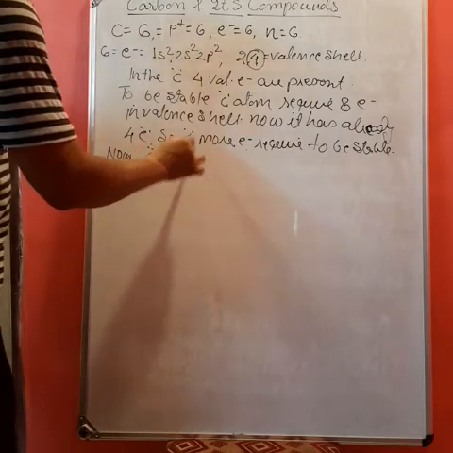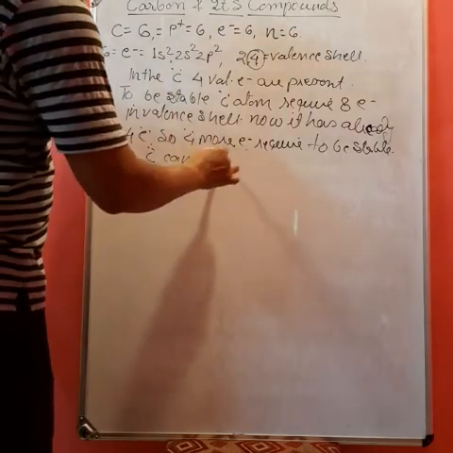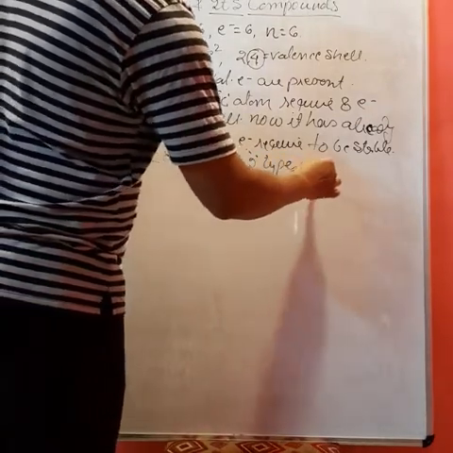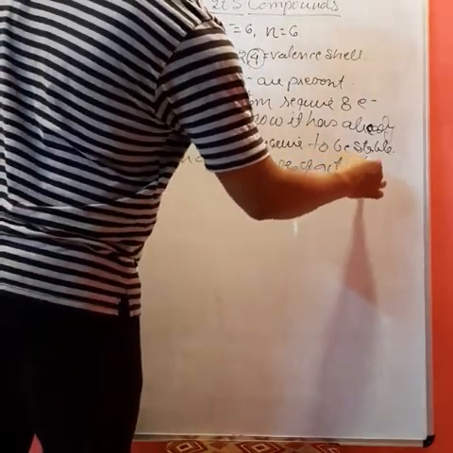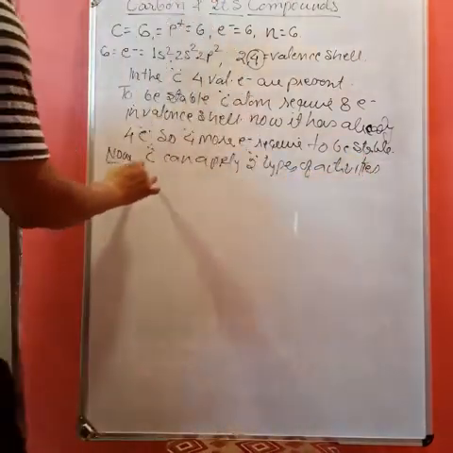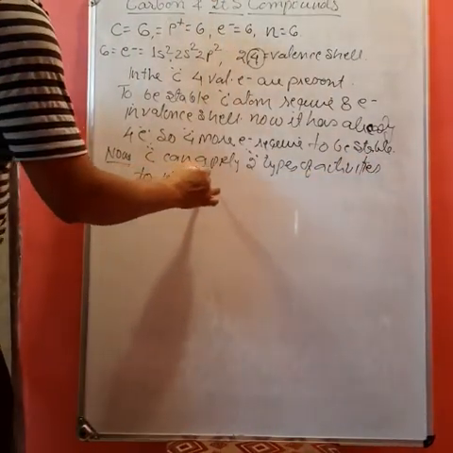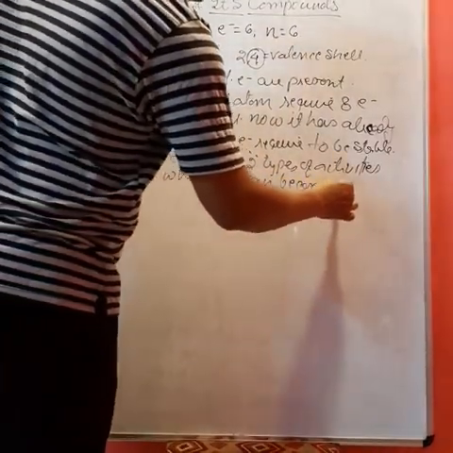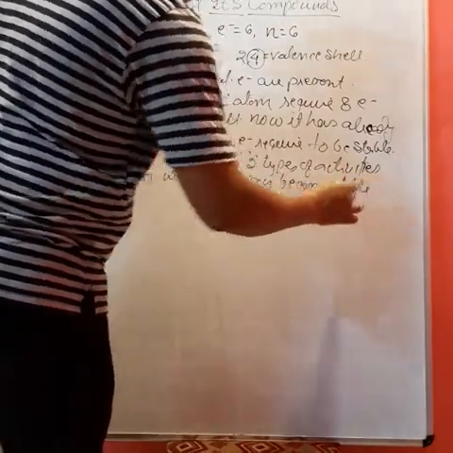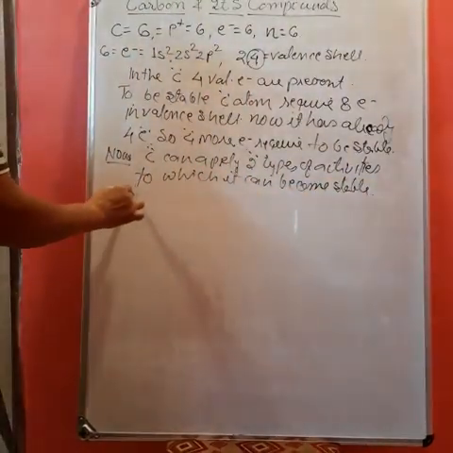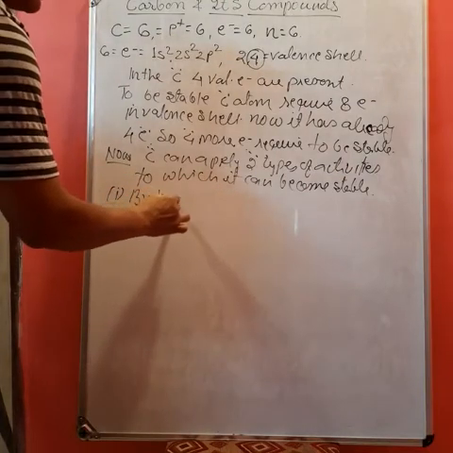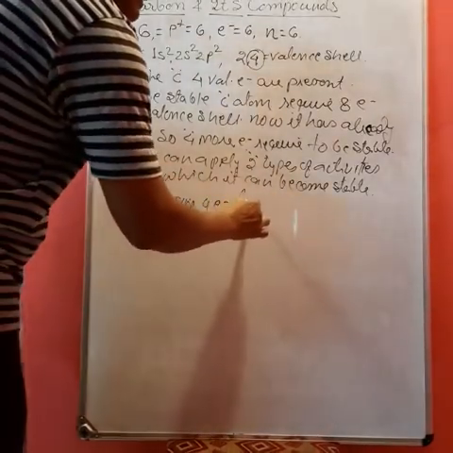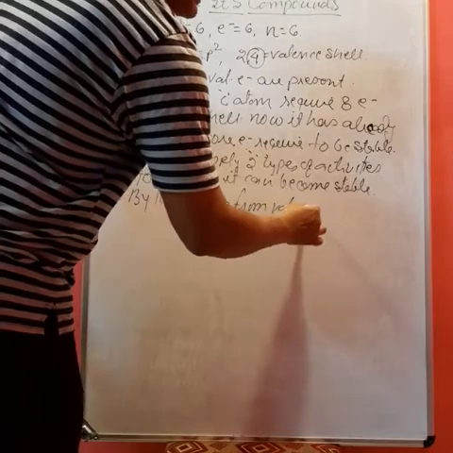Now carbon can apply 2 types of activities by which it can become stable. The first activity is by losing 4 electrons from the valence shell.